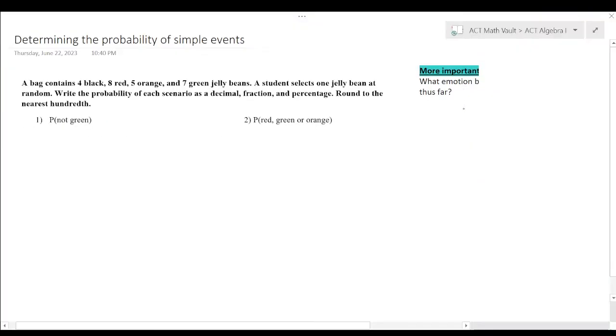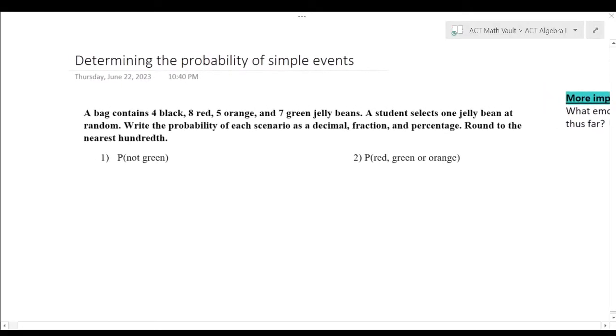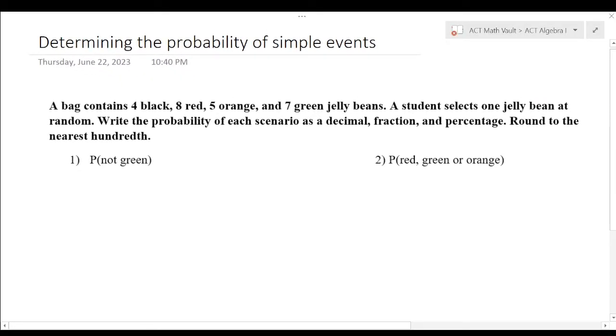The type of problem that I have seen most often on these tests is the classic marble question. So it's a bag containing marbles. For this one, let's talk about jelly beans. They always seem to describe the colors and the number of these marbles or jelly beans, and then the simple event comes in where you are just pulling one marble.